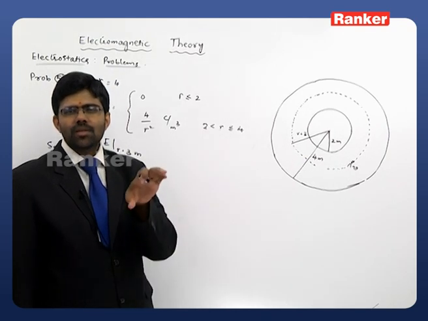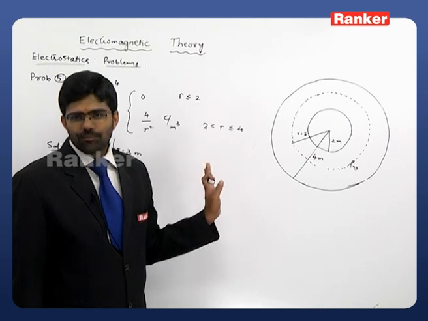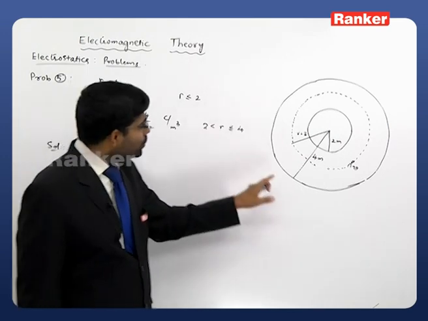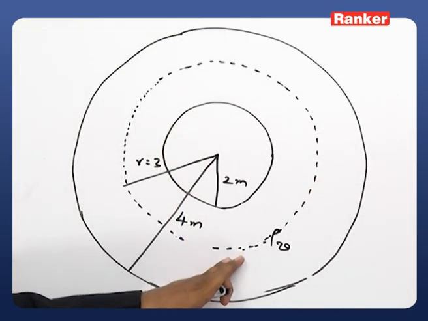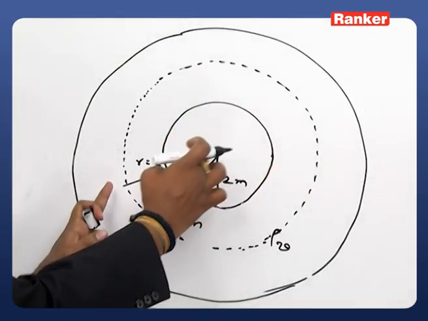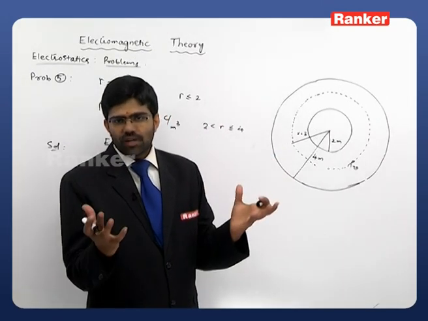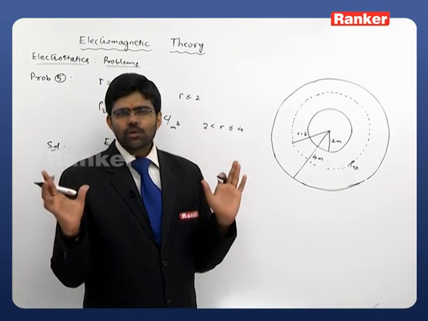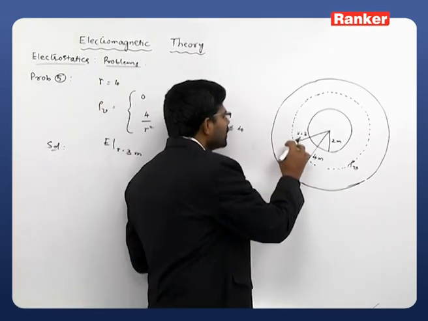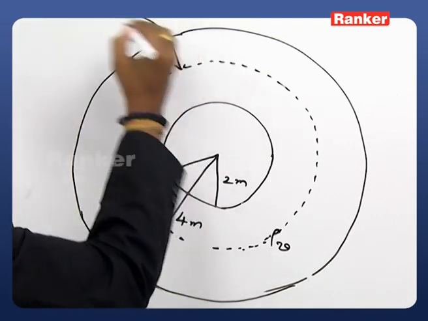It is very convenient to solve the problem if we apply Gauss law. So I will form a Gaussian surface at the point we require, here at r equals 3, a Gaussian sphere. Take this dotted sphere as the Gaussian surface.